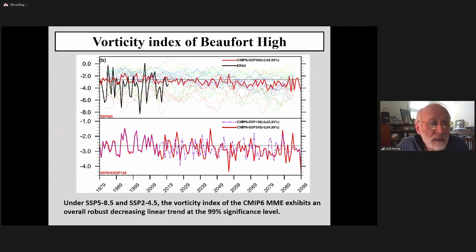Okay, so now looking at the vorticity index of Beaufort high as a function of time. Historical data on the left side is compared with ERA5, and the right two-thirds of the plot shows you the future scenarios for the CMIP6 8.5 plots.